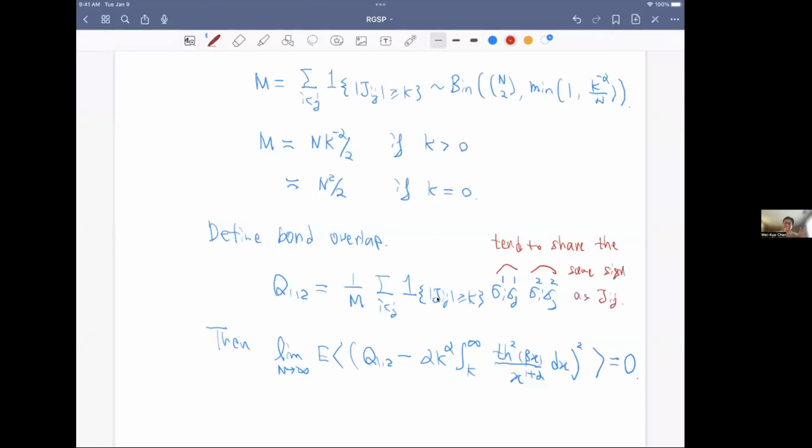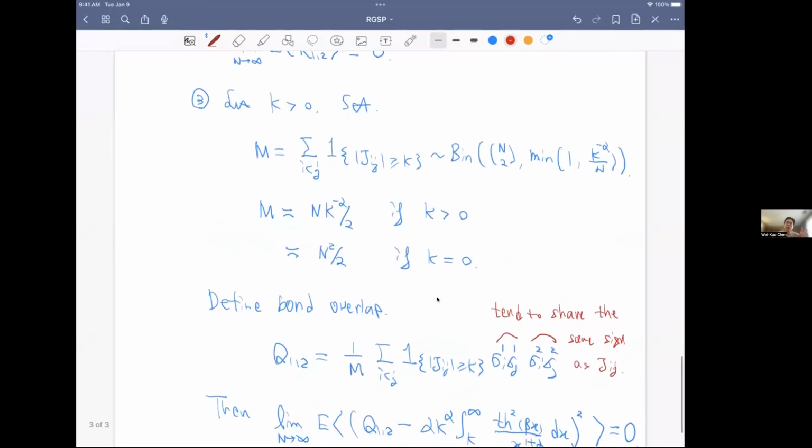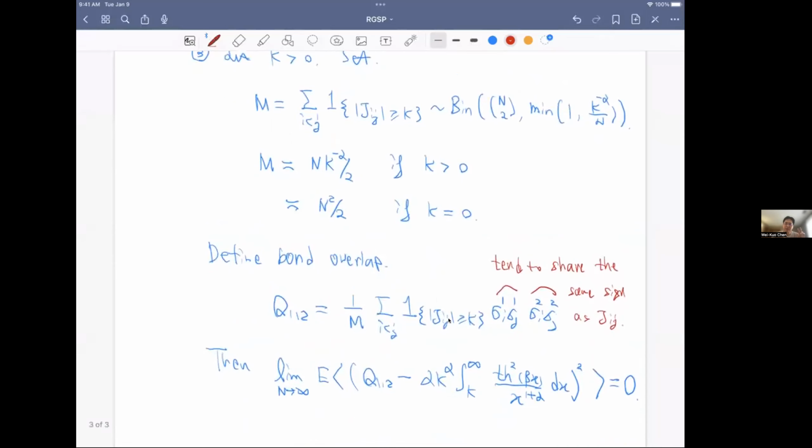This is a rough idea why this is the case, but we should also be aware of how many heavy edges we could have in this measure. Remember, this is the total number of the heavy edges, and we know this is of order n. If you just look at a single edge, then of course these two might tend to share the same sign as Jij. But in the meantime, you have linearly many of them, so the other ones might still influence how you interact with each other. But the outcome is still that this guy is a positive number.